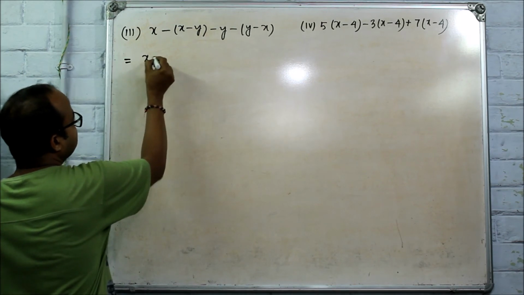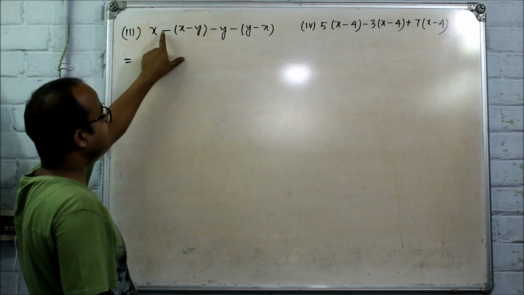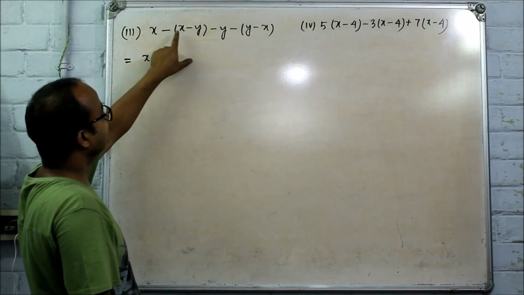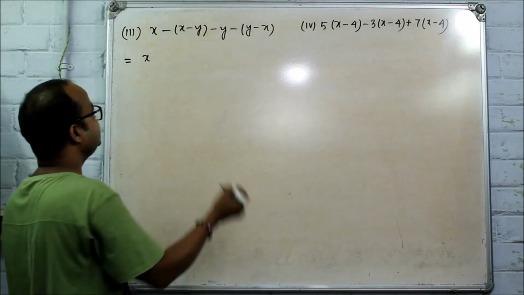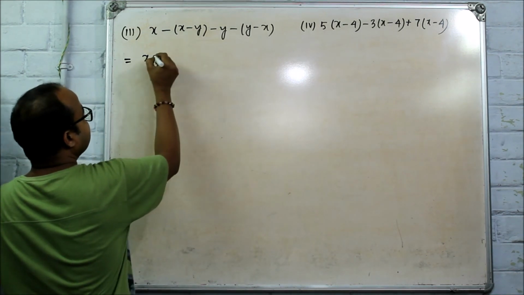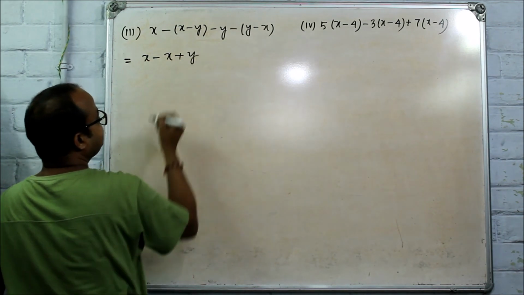So x minus of x minus y. Outside the bracket a negative sign is there, so all the terms within the bracket will change their sign. So plus x will become minus x, minus y will become plus y.